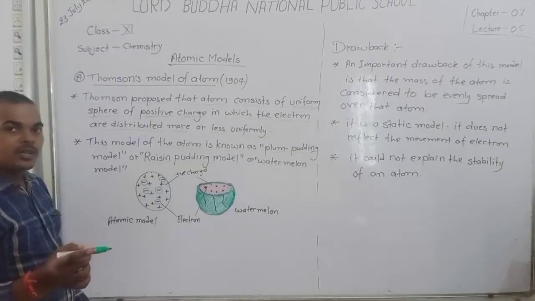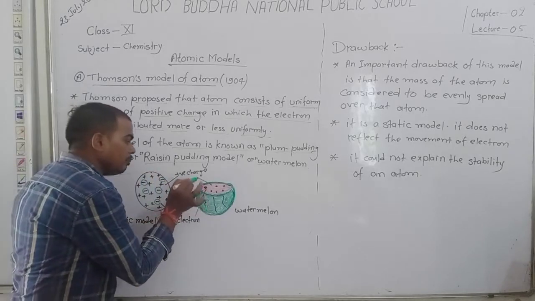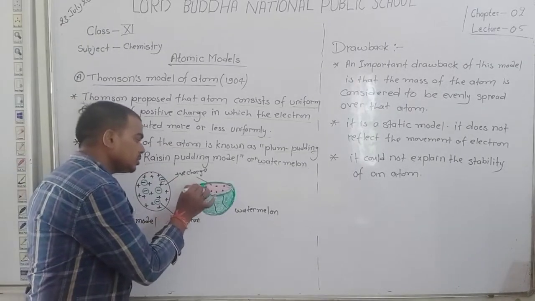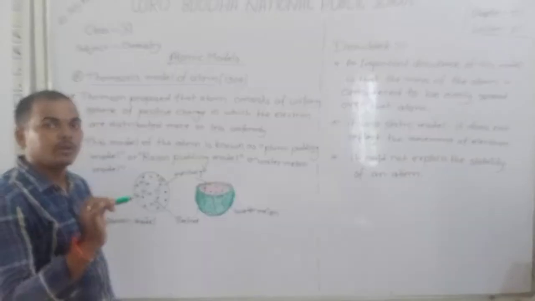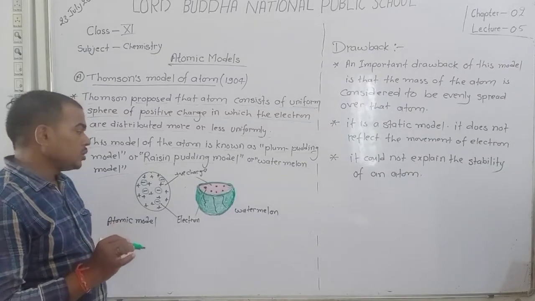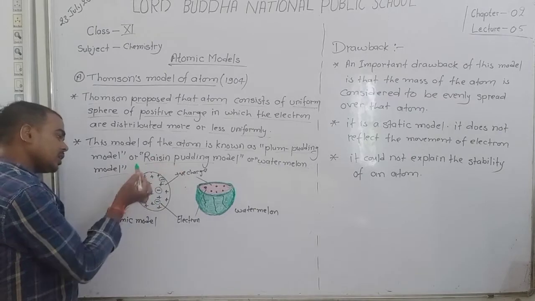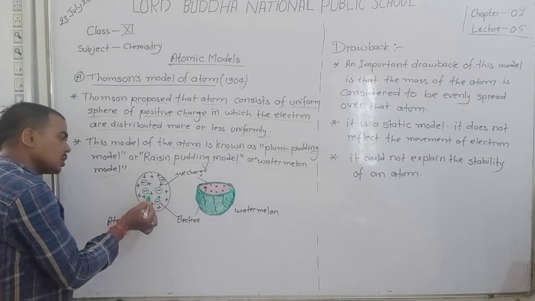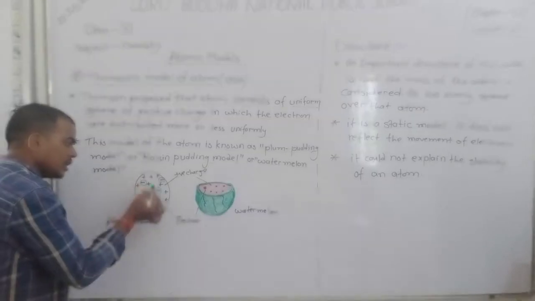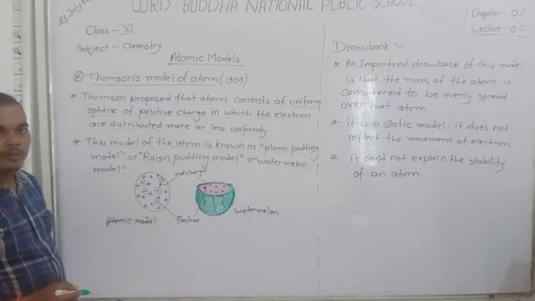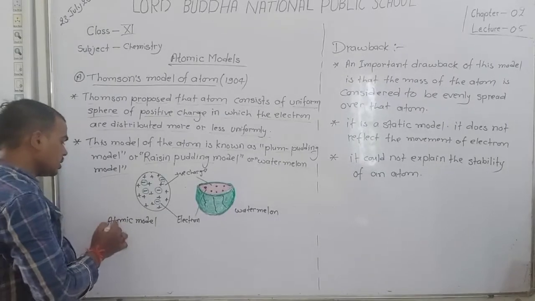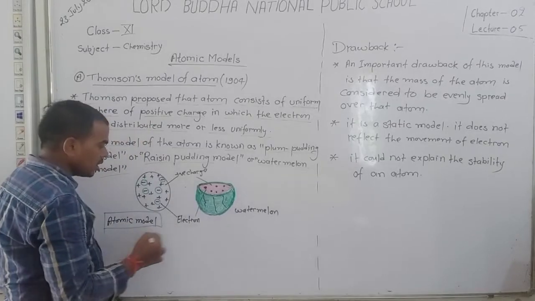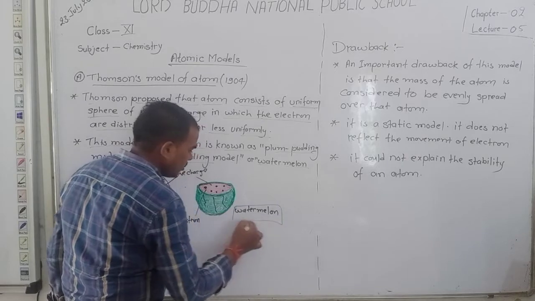But you know that the seeds embedded in the watermelon's edible part are not uniformly placed. Similarly, the electrons distributed in atoms are more or less uniform. So we say Thomson's atomic model is like a watermelon model.